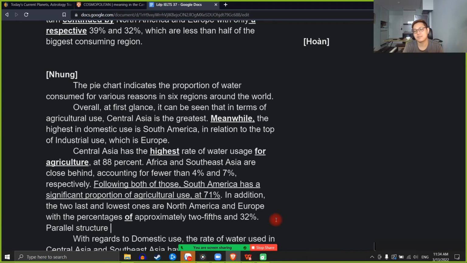Parallel structure means like in a two part of the clause. If you use a noun here, you have to use a noun there. Or if you use a verb there, you have to use a verb there. Or if you use percent here, you have to use percent there. So it will match each other, you know. It must match each other. Nó phải match nhau, nó phải tương xứng với nhau, cái định dạng.